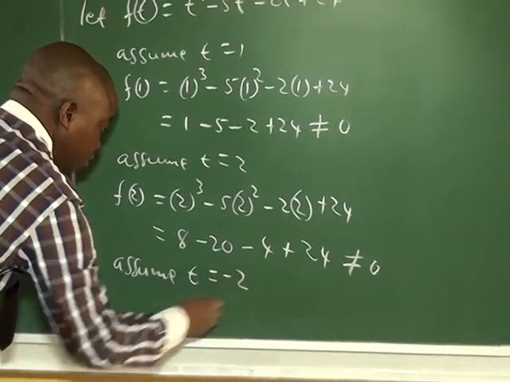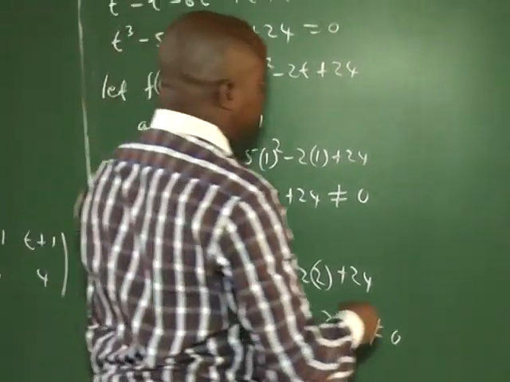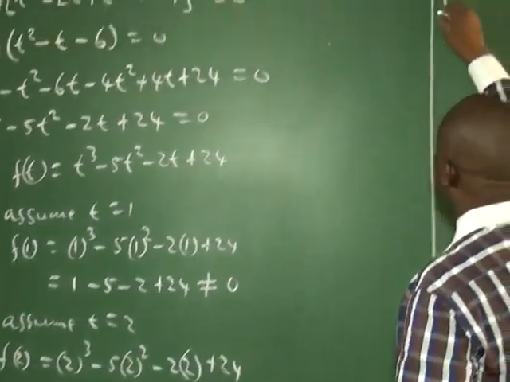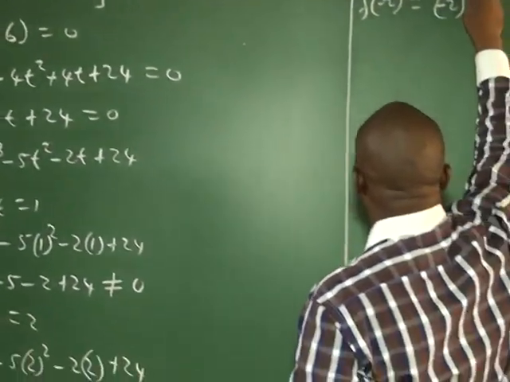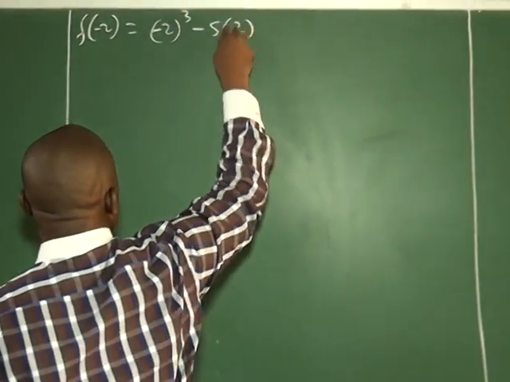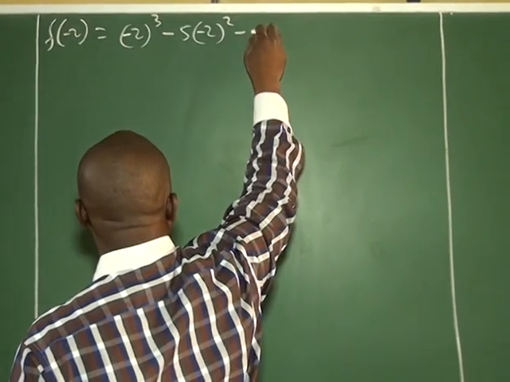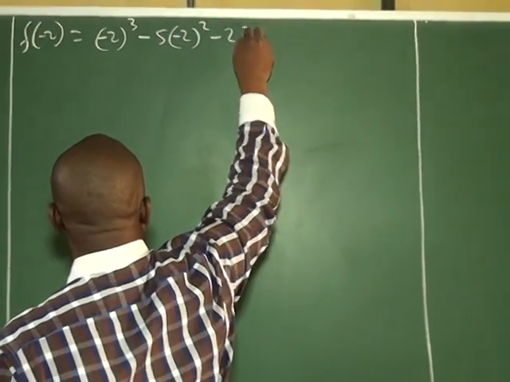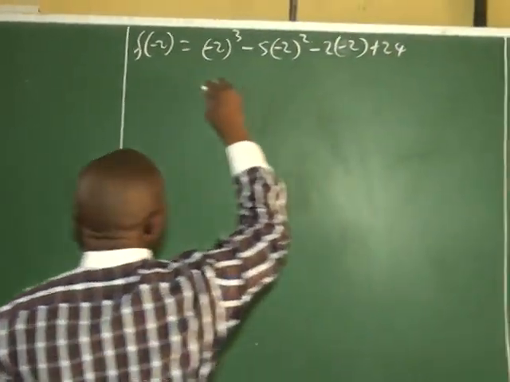Let's also assume t equal minus 2. Let's go for minus 2. Check. If you do that, we'll have that f of minus 2 will be equal minus 2 cube minus 5 times minus 2 square minus 2 times minus 2 plus 24.